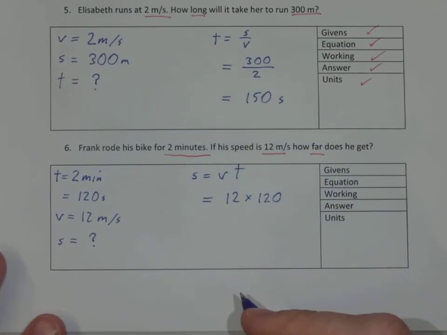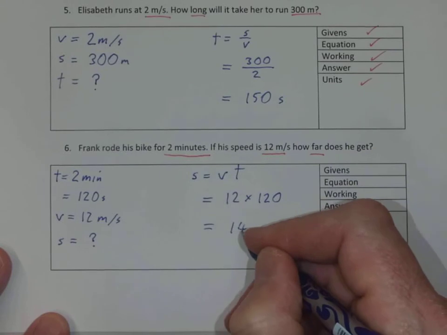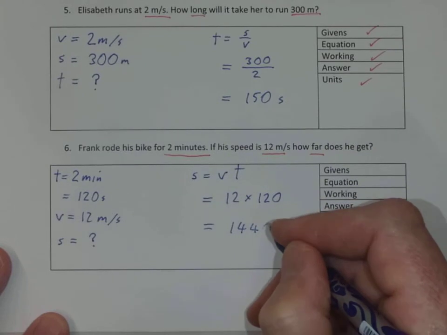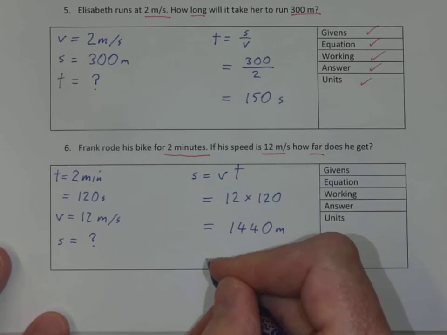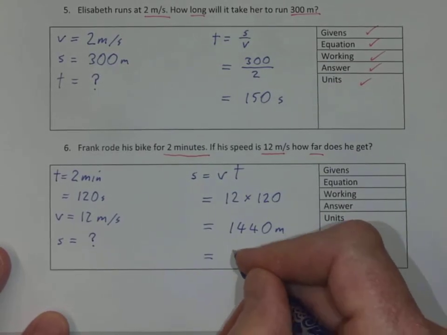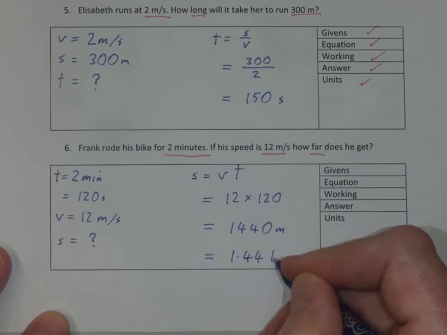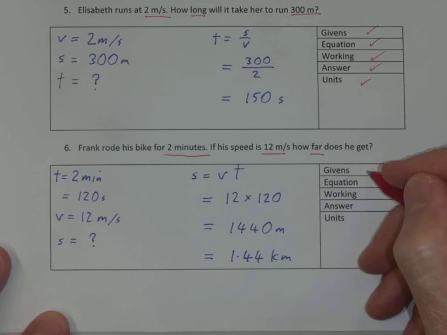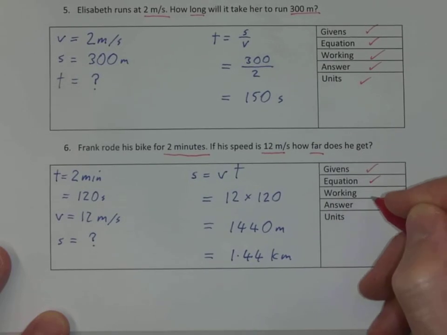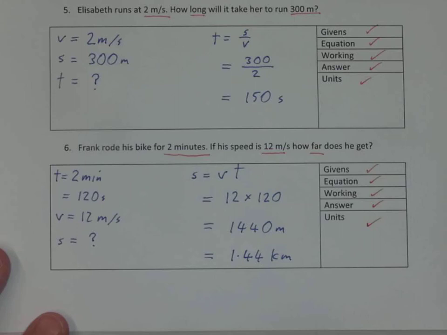And we give our answer, 1,440 metres, which by itself is perfectly fine and correct and will get you full marks, but you might want to change it into something that's more common, like 1.44 kilometres. Givens, equation, working, answer, units.